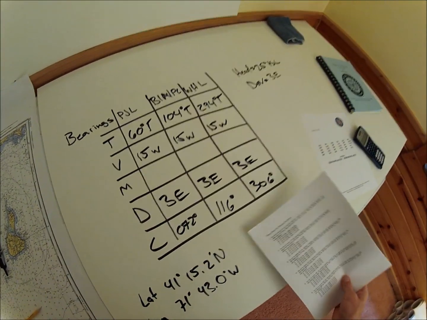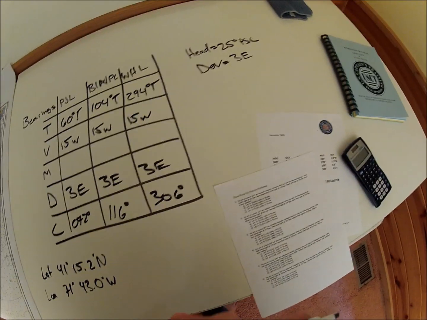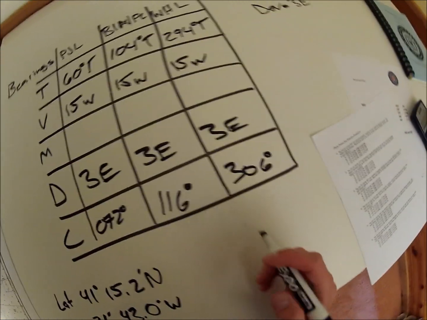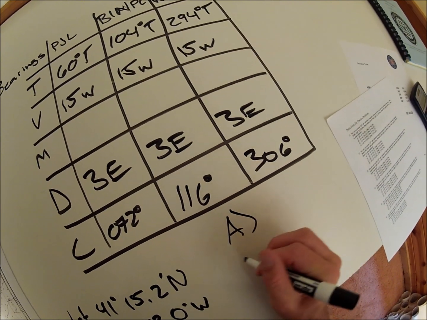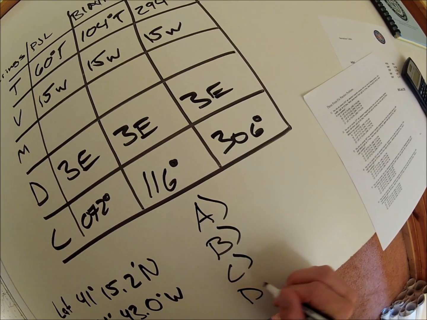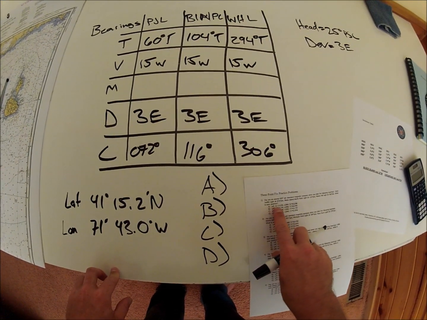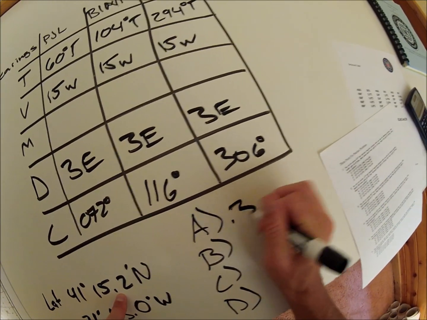Okay, let's see how these compare to our answers. Now I'm going to show you the method that I use to get my answers, because it just makes everything easier. A, B, C, and D. Now I look at these, I say, alright, answer A is latitude 41 14.9. This is 0.3 away from mine.